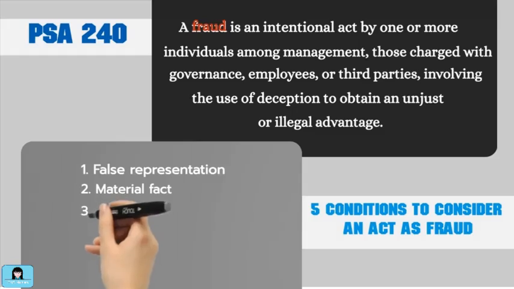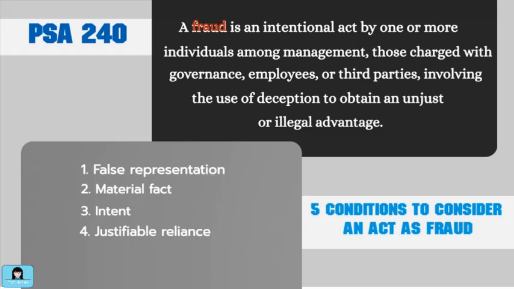Third, there must be the intent to deceive or the knowledge that one's statement is false. Fourth, the misrepresentation must have been a substantial factor on which the injured party relied upon. Finally, the deception must have caused injury or loss to the victim of the fraud.